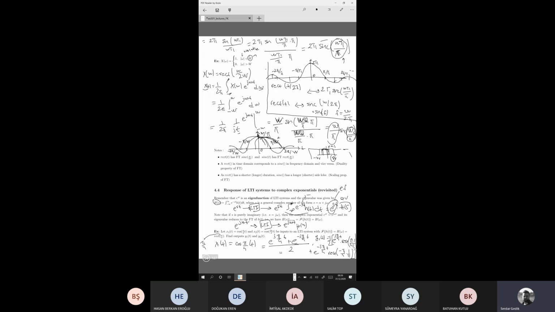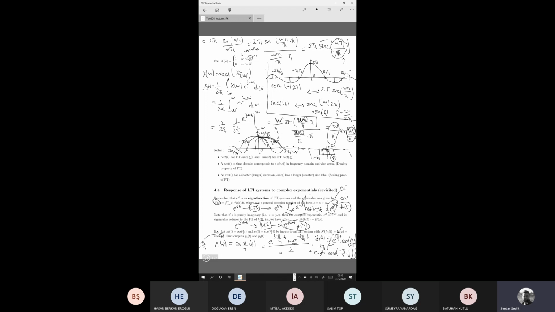So now I have put minus pi over 4 instead of omega in the second term, where H of omega is rect of omega over pi. I'm just using this relation, nothing more.